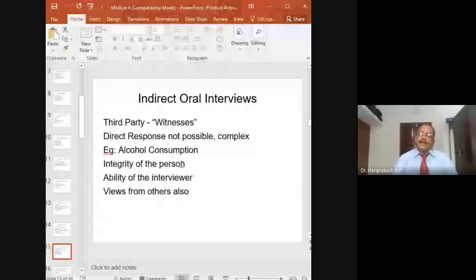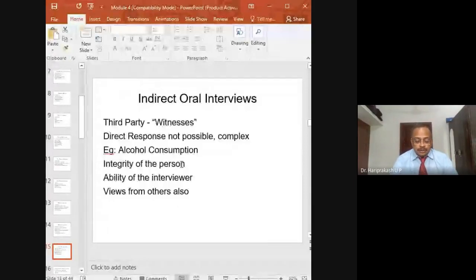Sometimes some people may not be ready to give you information. Some things like, say, smoking habit, alcohol consumption, drug addiction, right? So this type of information, for example, if somebody asks, they may not readily give. They may hesitate to give. Why do I have to give information about my smoking habit, about my drinking habit, right?